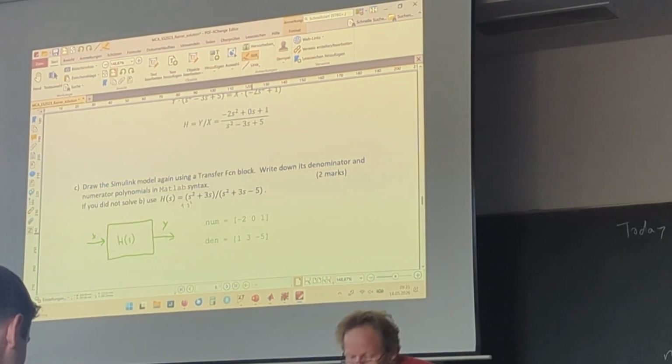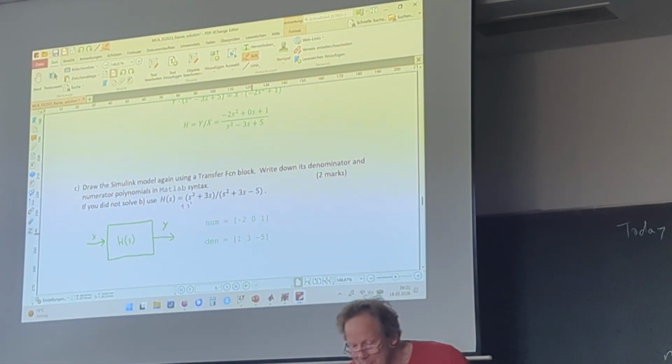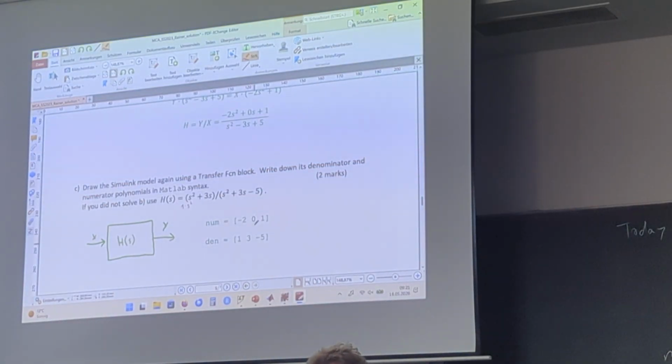I think it comes from often reusing these in several exams, and then I did not update this because the denominator is correct. So we have here 1 times S squared, 3 times S, and minus 5 as a constant, so that's okay. But this one here is 1 times S squared. Yeah, you're right, this one is wrong.